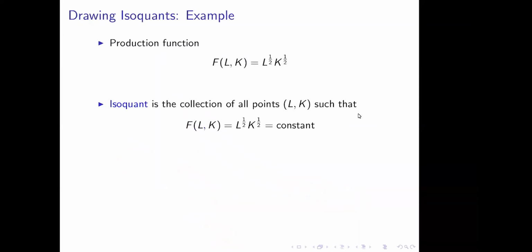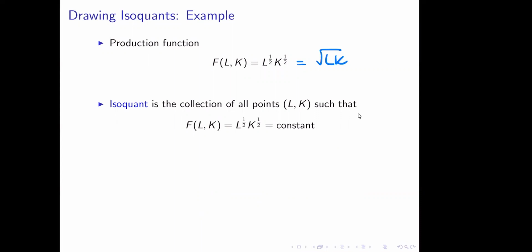Okay, so let's look at an example where we have a Cobb-Douglas production function, square root of L times K, right? So this is the same as the square root of LK.